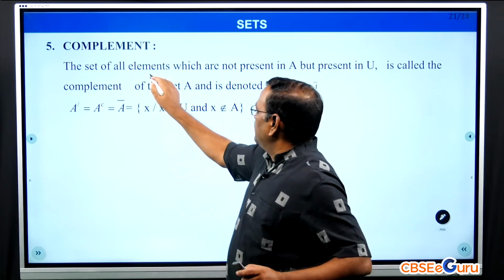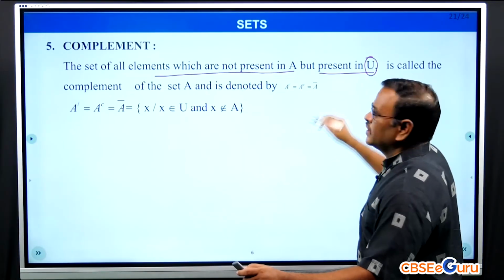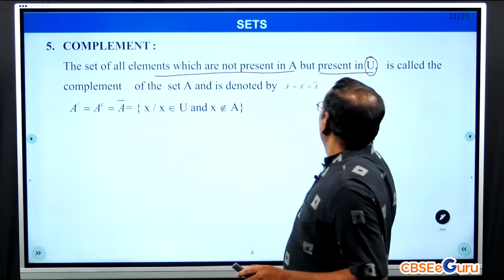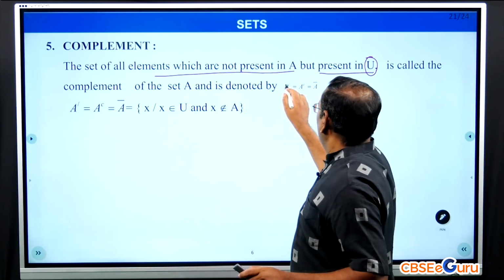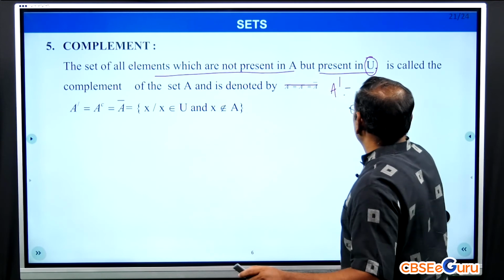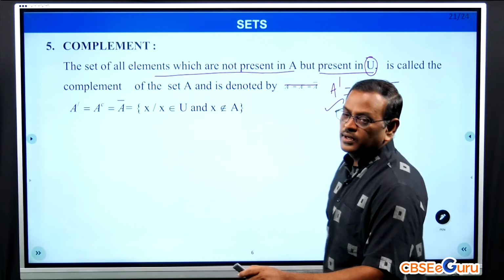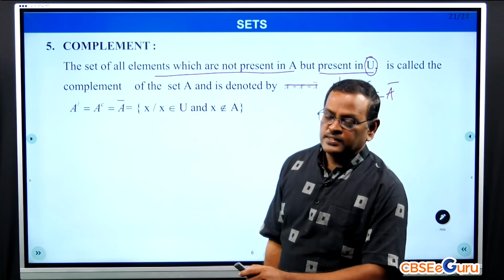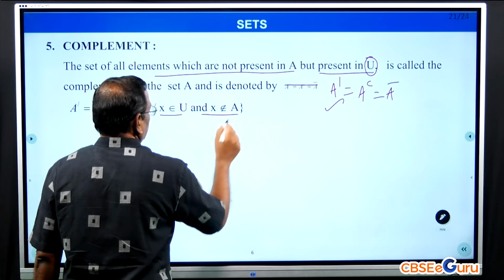A set of all elements which are not present in A but present in U, here universal set, is called complement of the set A, and is denoted by A dash, A complement, or A bar. But use this symbol in book, only A dash is there. So x belongs to U and x does not belong to A.